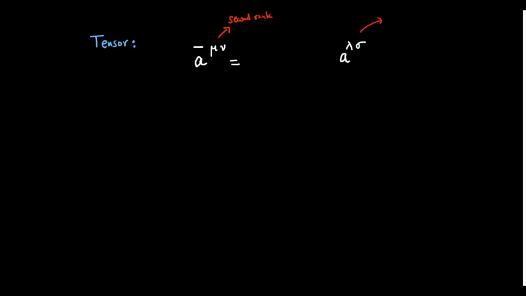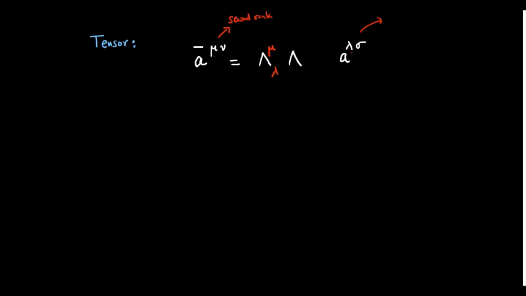Here you need two transformation matrices, that is lambda and lambda. Remember how we put the indices here. We need a mu retained to be here, and that is replaced by a lambda. So you have a mu as the upper index and lambda as the lower index.